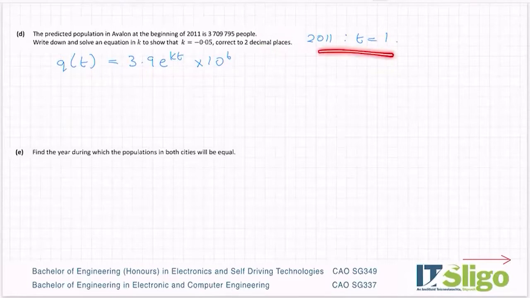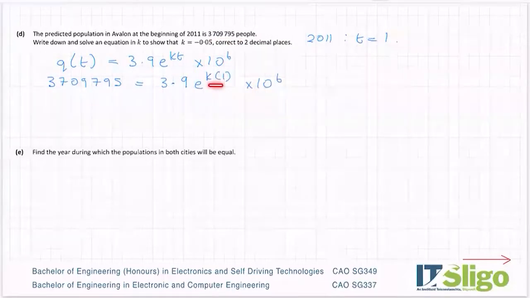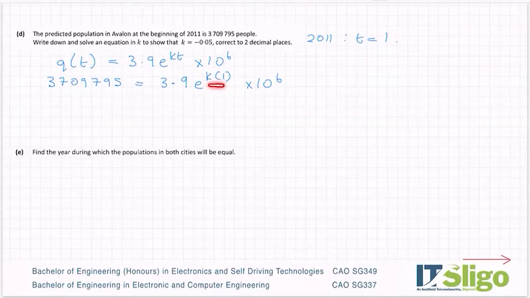So we know t is 1, and this is our population, which is 3709795, equals 3.9 e to the k times 1, by 10 to the 6. Even though I know the 1 doesn't do anything, I write it there in the first line to again get the partial marks for this question.